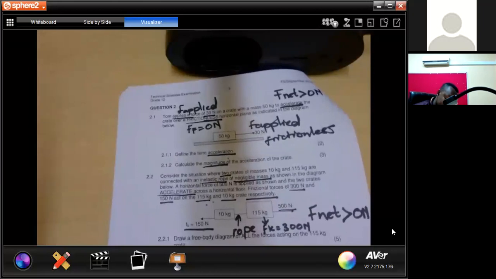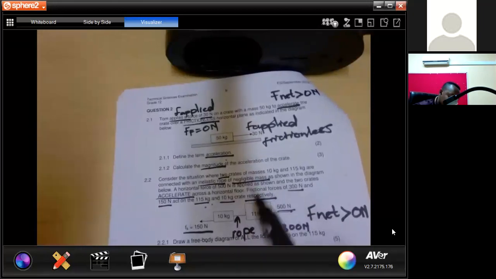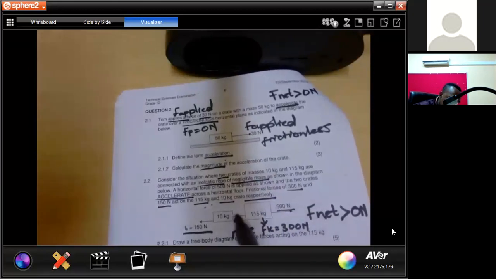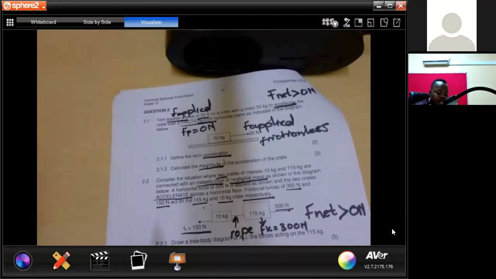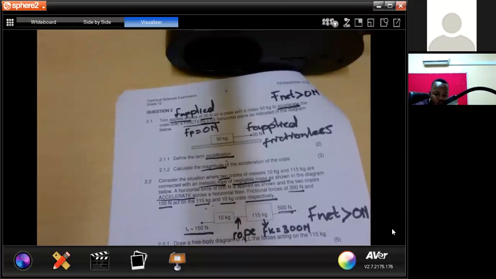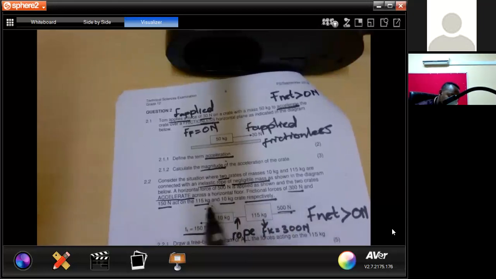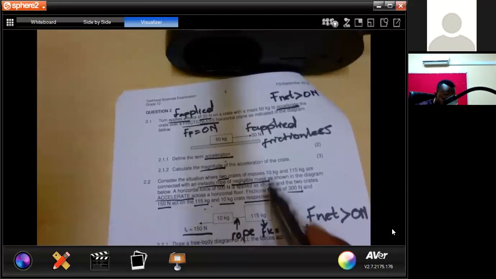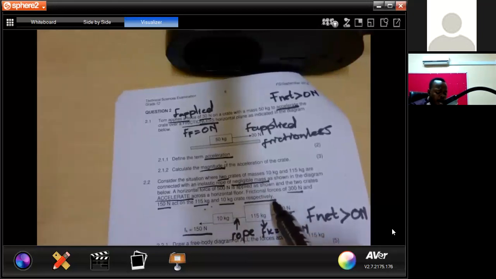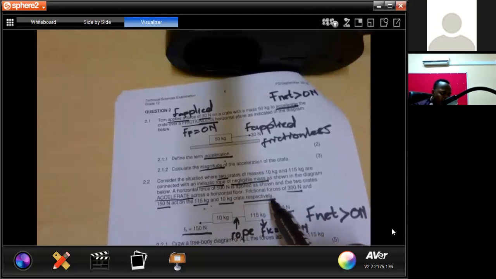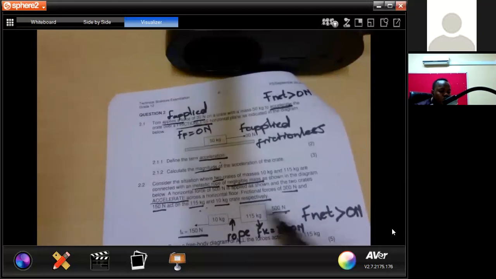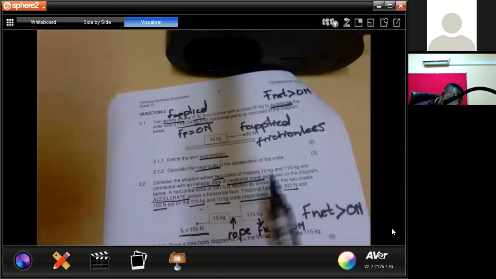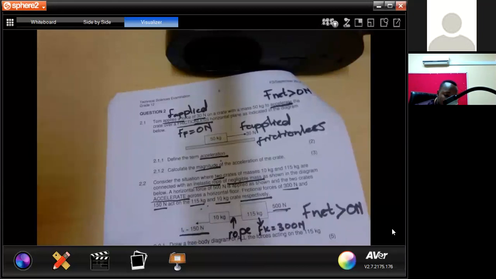Now, what does this mean as well? If you analyze the diagram, there is a connection between the 10 kilogram block and the 115 kilogram block. Now, if this object is moving to the right, obviously the acceleration of these two is going to be the same. Why is the acceleration of both of them going to be the same?